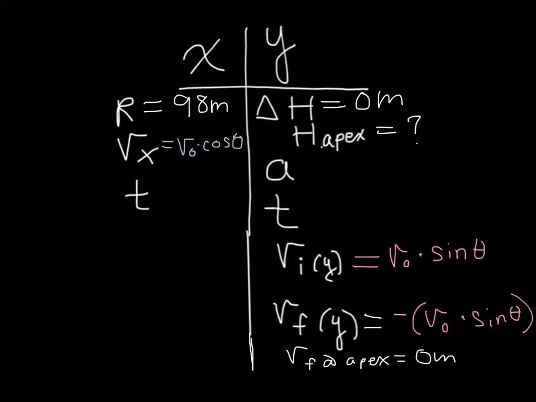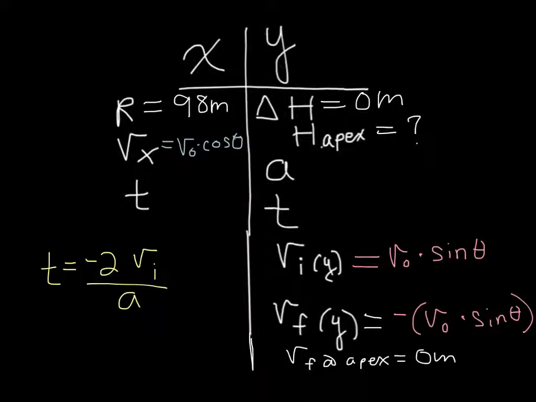And then we can use the equation that time is equal to negative 2 Vi divided by a.